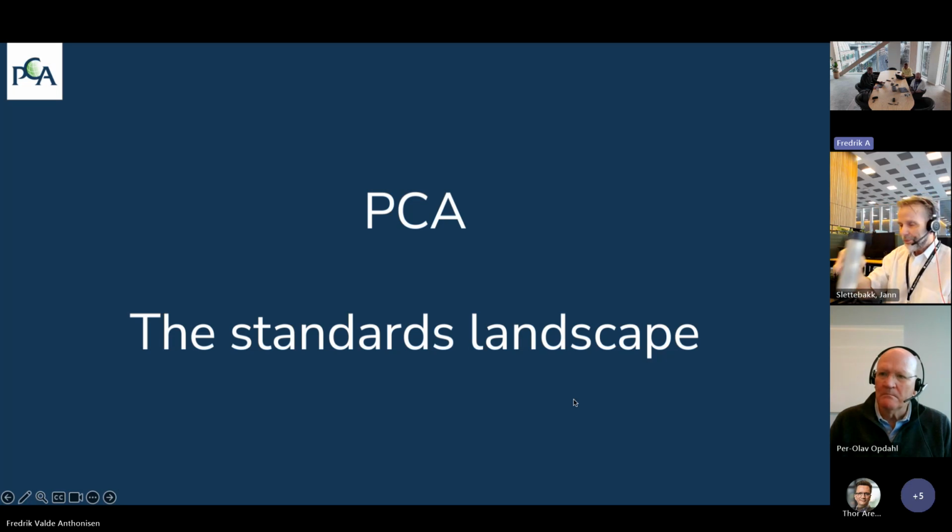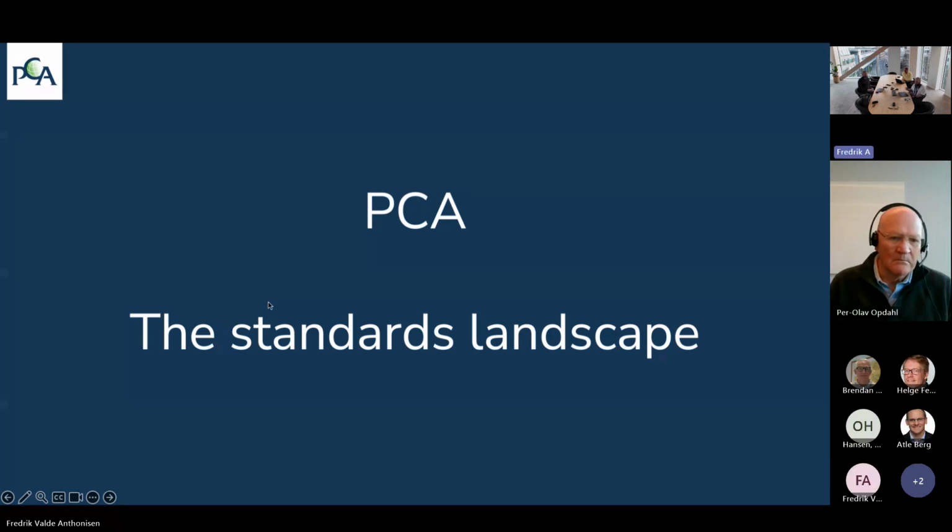So what I want to do today is to give a very high level walkthrough of the different standards, not from a very technical perspective. And then after that, I want to go through a practical example that shows how at least some of these relate together.